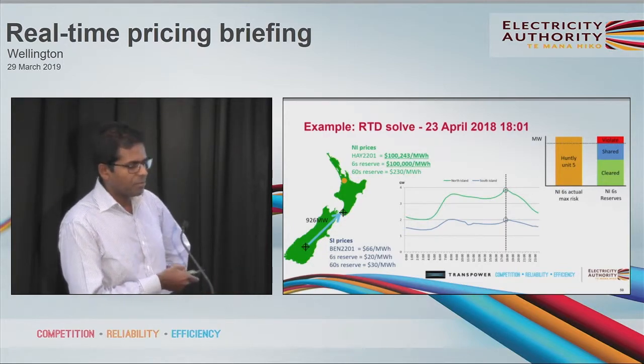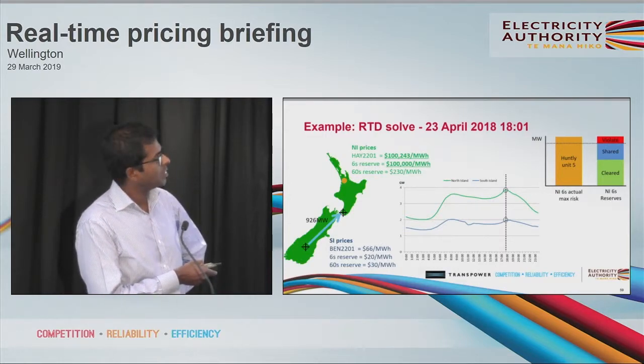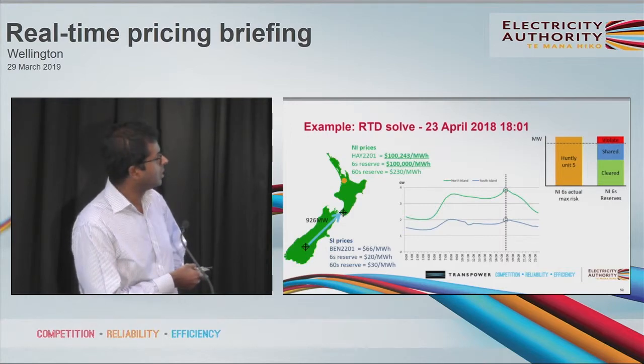But it's also saying that if you give me 1 megawatt of energy in the North Island, I can take that 1 megawatt and reduce Huntley 5 by 1 megawatt. If I reduce Huntley 5 by 1 megawatt, I reduce the violation by 1 megawatt, and if I reduce the violation by 1 megawatt, I can save $100,000.